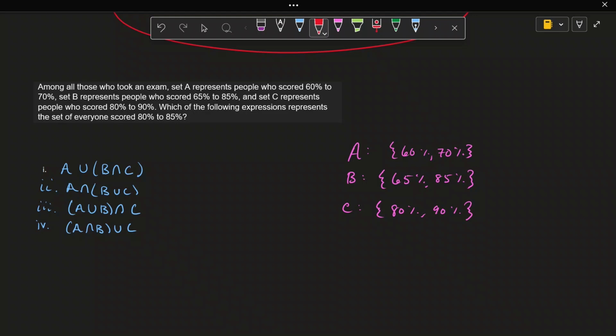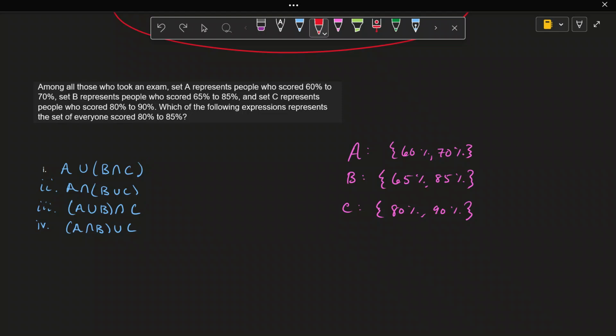So we have to figure out, going from a large range on A, B, and C, and confine it down to 80 to 85%. Let's see here. It looks like we have to do some sort of combination of all three.